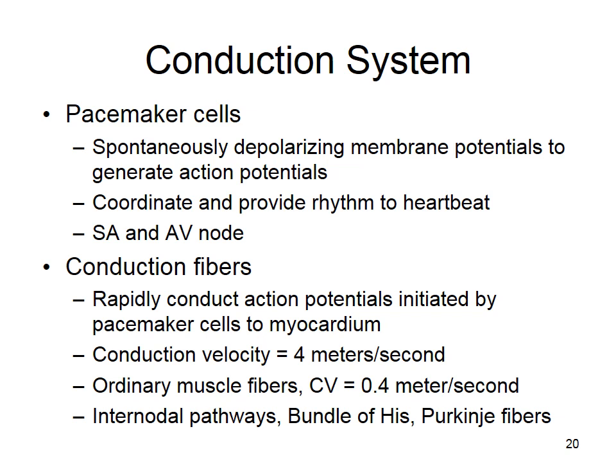Right? These conduction fibers have a velocity of about 4 meters per second, which is 10 times faster than an ordinary muscle fiber. Okay? And these conduction fibers are especially important in coordinating when the ventricles contract and getting the ventricles to contract as a unit. Because remember, the atria are much smaller. Okay, and the wave of contraction just spreads from cell to cell within the atria.